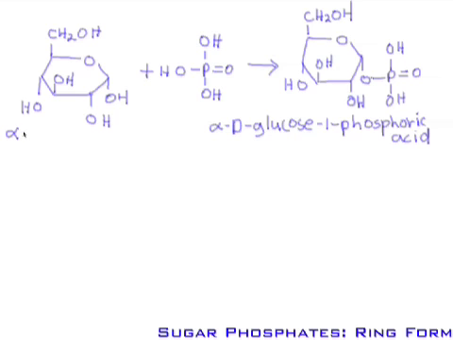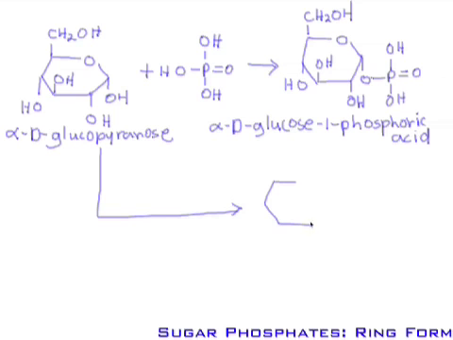And that's from alpha D-glucopyranose. Or, depending on pH, if the pH is higher, that is, we're under more basic conditions, the phosphoric acid will be deprotonated and become a phosphate.